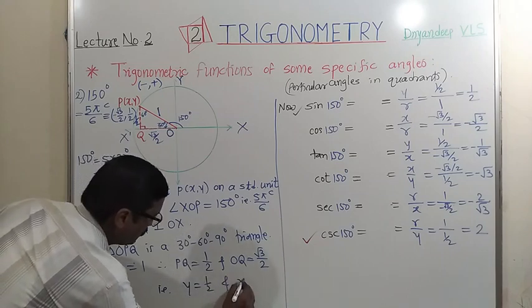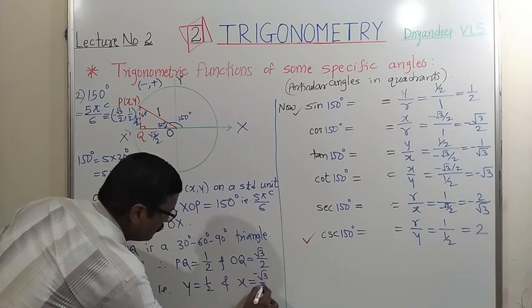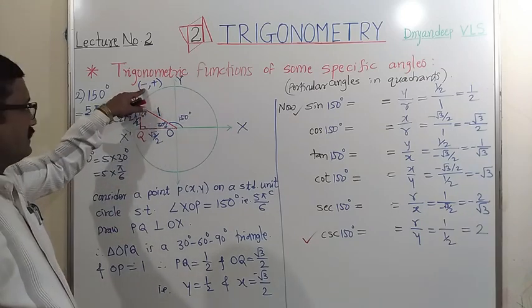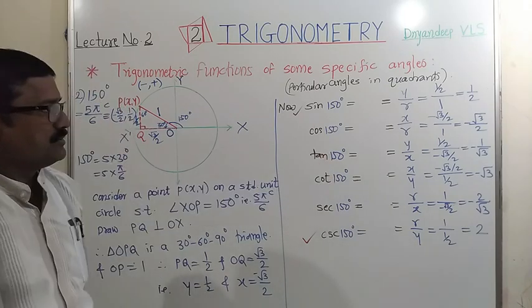And OQ is nothing but x, equal to minus root 3 upon 2. Here x is negative because point is in second quadrant.